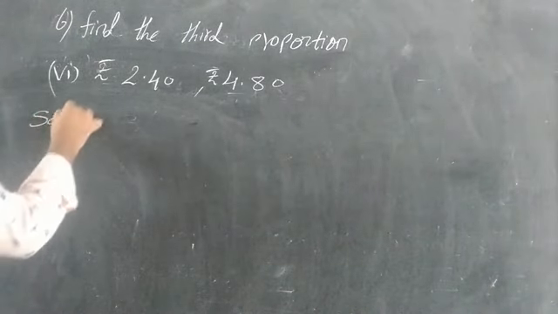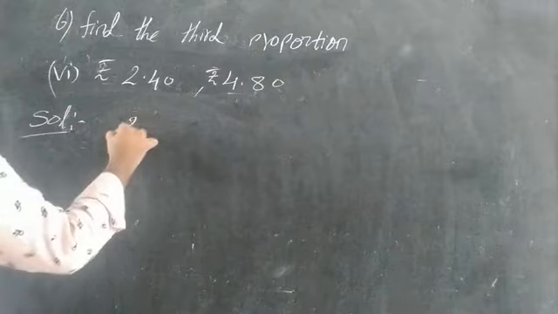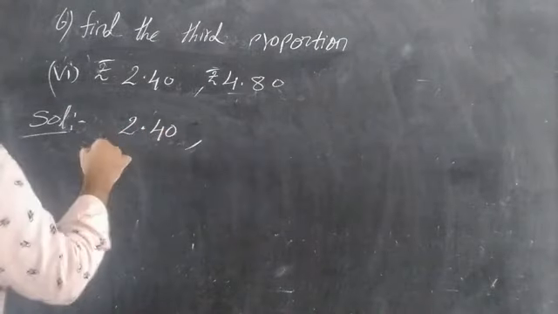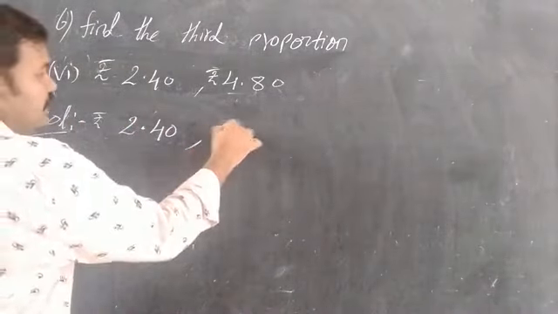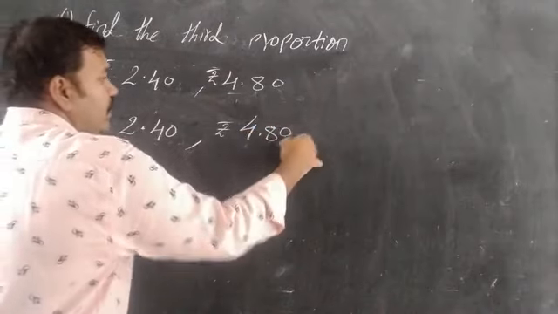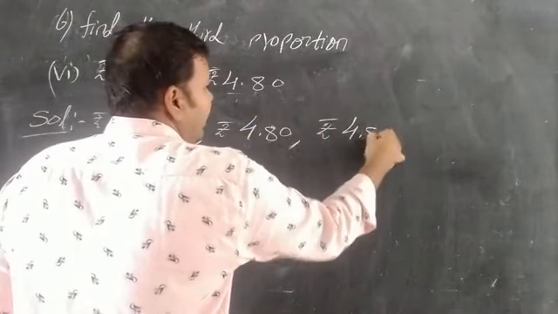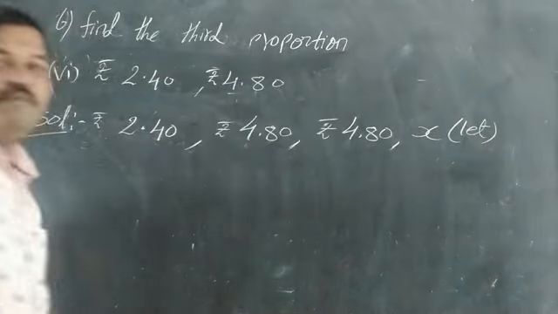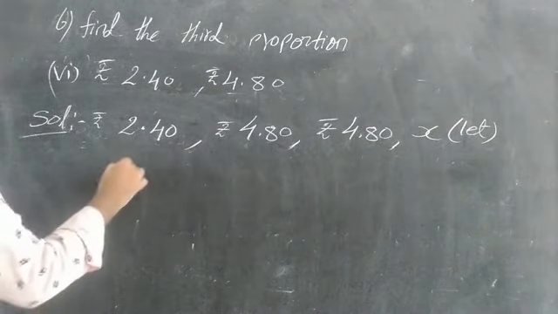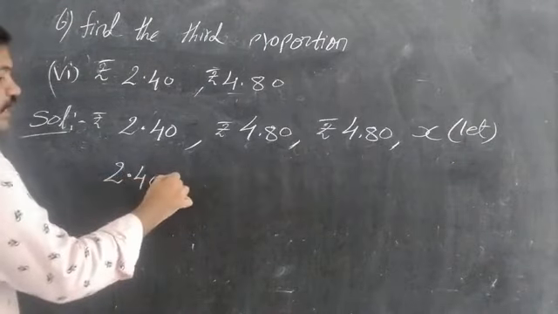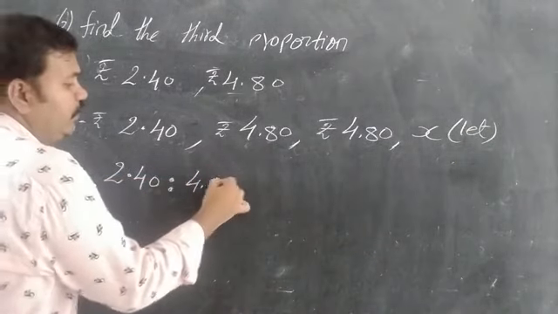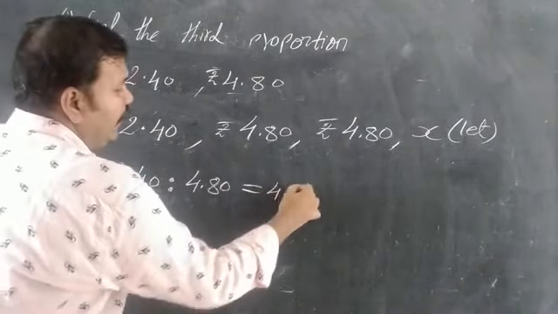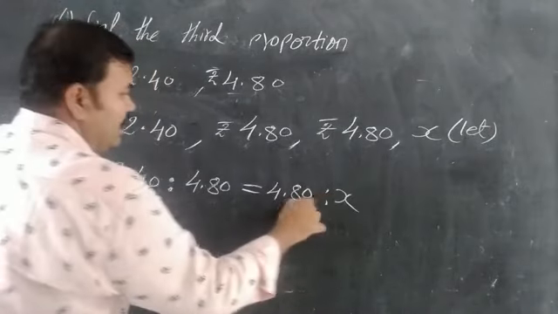So writing the solution: 2.40, 4.80, 4.80, x. Let the fourth proportion be x. So writing in the form of proportion, 2.40 is to 4.80 is equal to 4.80 is to x.